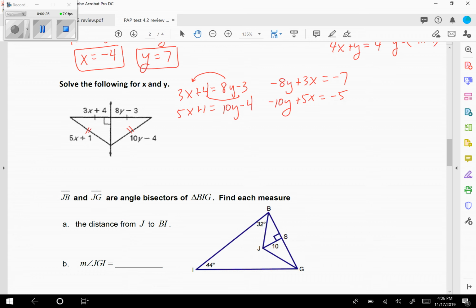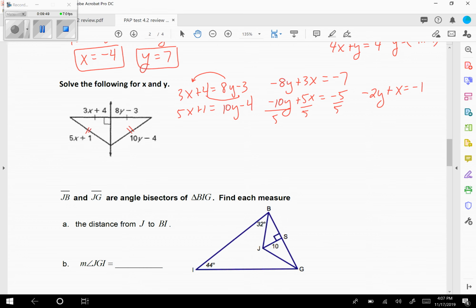Okay, on this one, let's see what we can do here. My second equation, everything is divisible by 5. So if I divide this by 5, I get negative 2y plus x is equal to negative 1.